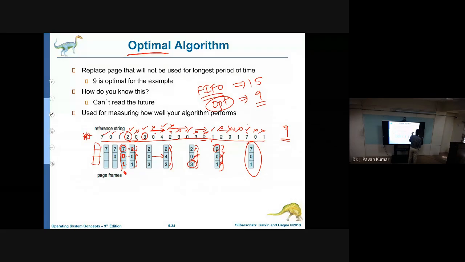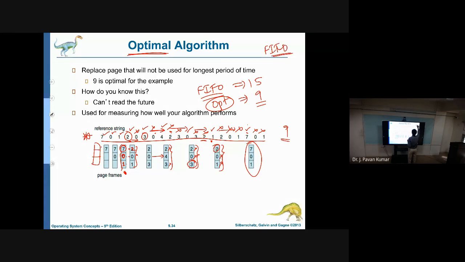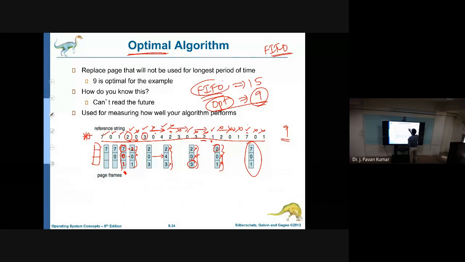But why this is proposed is, suppose one strategy is given, like a first in first out strategy. How efficient this first in first out strategy is, that we can analyze by using optimal. After applying first in first out, we will get a certain number of page faults.